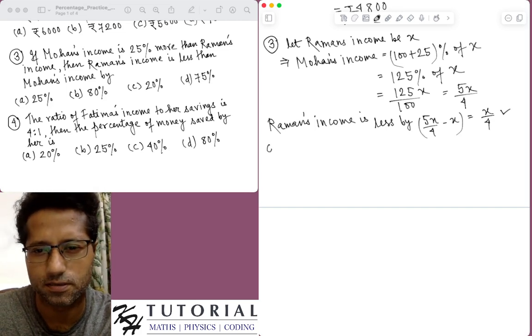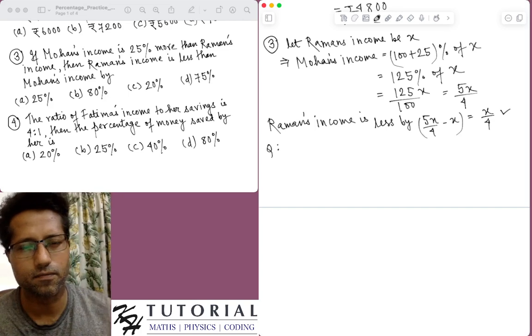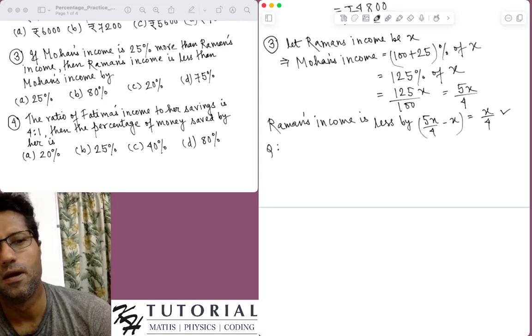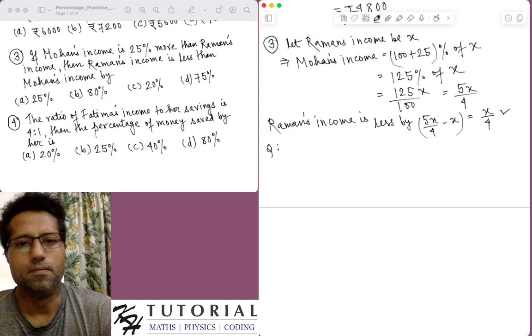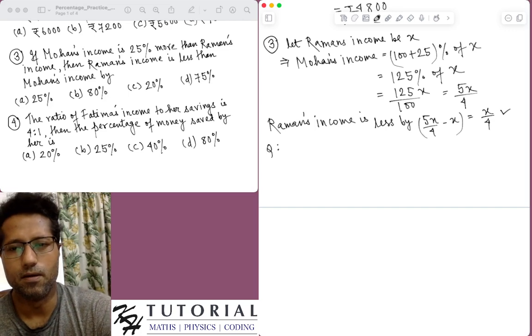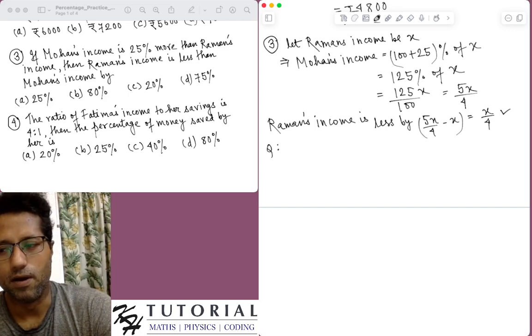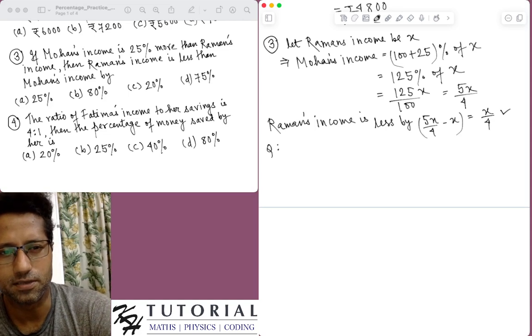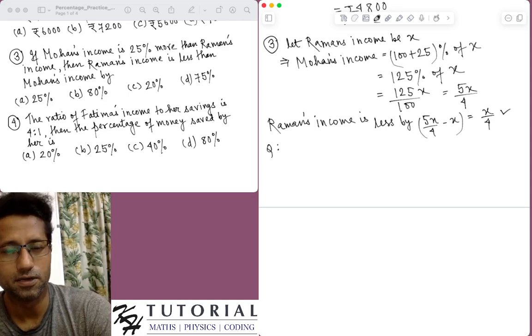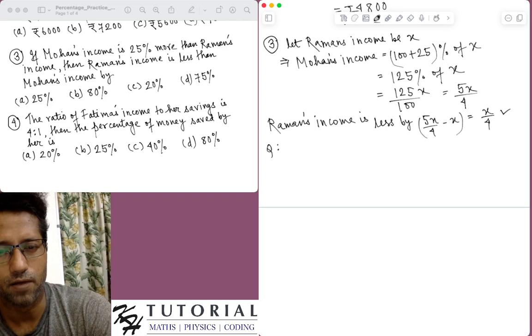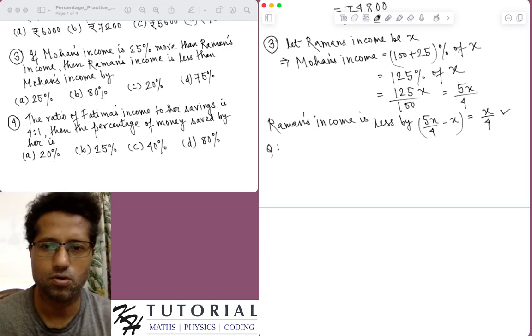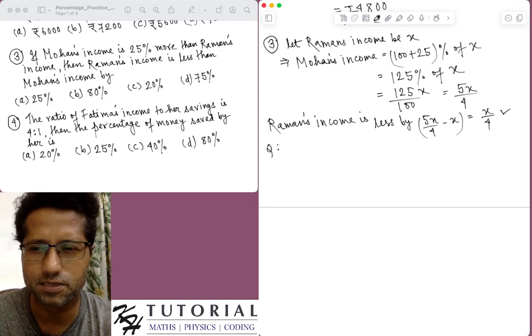Now the question is, by what percent Raman's income is less than Mohan's income. So the percentage has to be found based on Mohan's income. We have found that Raman's income is less by x by 4.